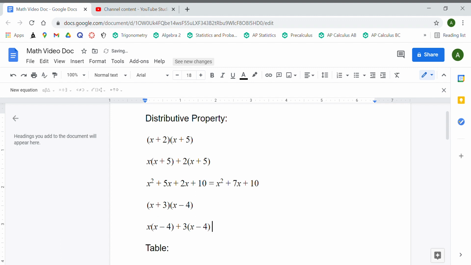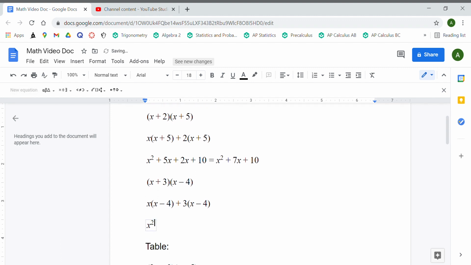We use the distributive property again, and we're going to get x squared minus 4x plus 3x minus 12. That's going to simplify down to x squared minus x minus 12. So there you have it. One method down, two to go.